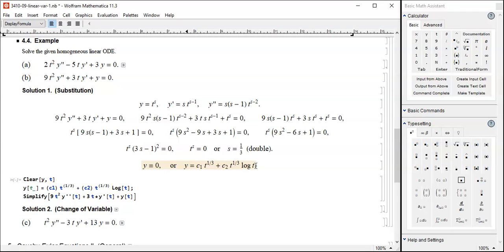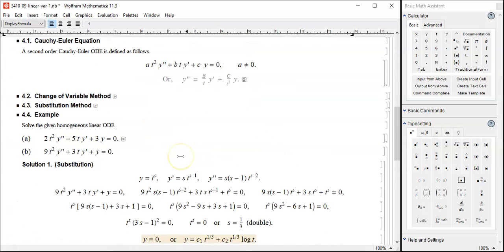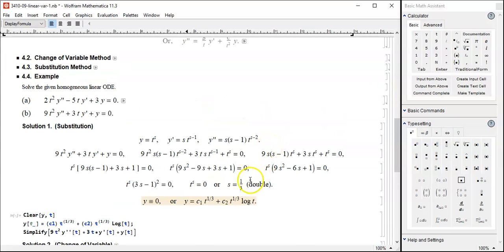You have a solution, then that is the solution. You see, it's that powerful. This general solution theorem is that powerful. It's okay to guess, as long as you guess correctly. Theoretically, there is no hole, because I covered and I proved everything. As for the Cauchy-Euler equation, remember it. When I have a double root, log of t.